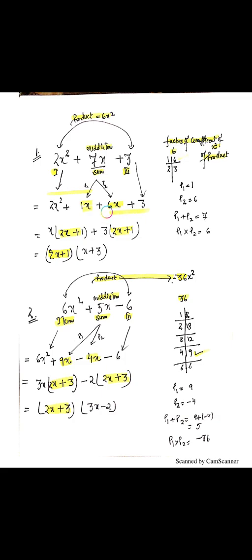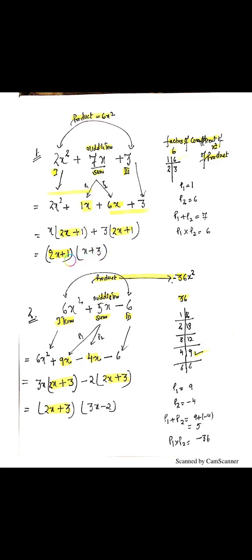Now see the first and second term. Here x is common, so take it outside the bracket and the remaining terms in the bracket. Now see the third and fourth term. Here 3 is common, so take 3 outside and 2x plus 1 in the bracket. Now 2x plus 1 is common to both, so take it outside the bracket and the remaining terms in the bracket, x plus 3.